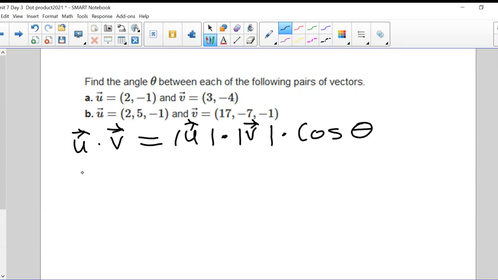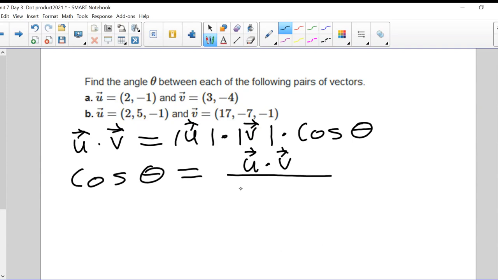And if we solve for the cosine of theta, then the cosine of theta should be equal to u dot v, again both vectors, divided by the magnitude of the u vector times the magnitude of the v vector. We know how to get the dot product. We just learned that. We know how to get the magnitude of a vector if we have the components of the vector. We should be able to do this. So the cosine of theta is equal to whatever this works out to be.